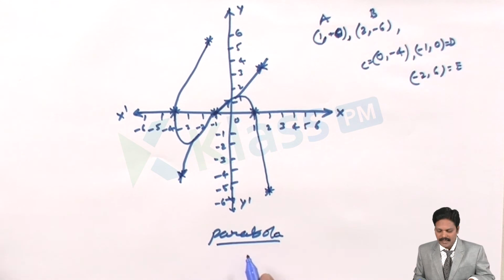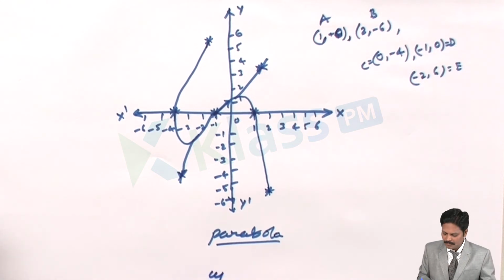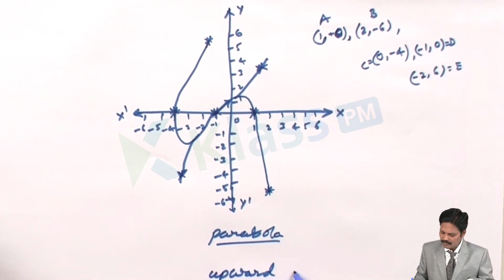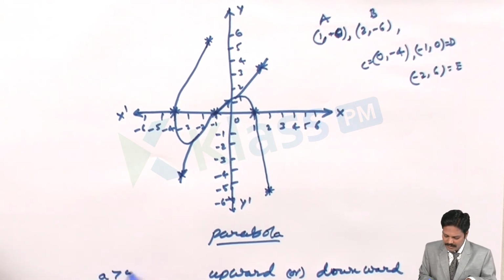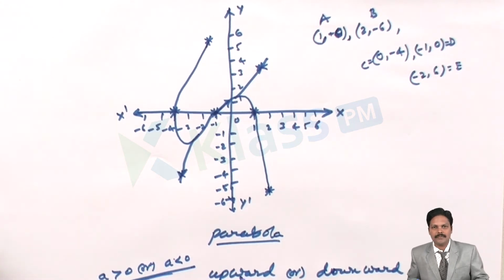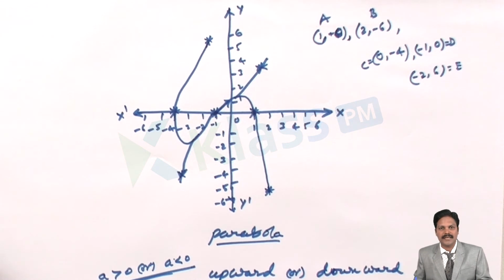So we are having parabolas in either the upward direction or the downward direction, depending on whether the value of a is greater than or smaller than zero. In these two cases we have upward or downward parabolas.